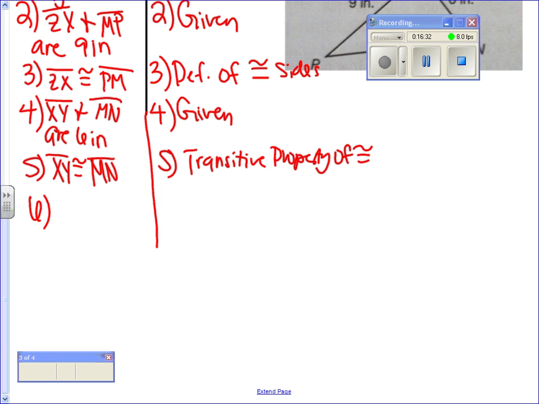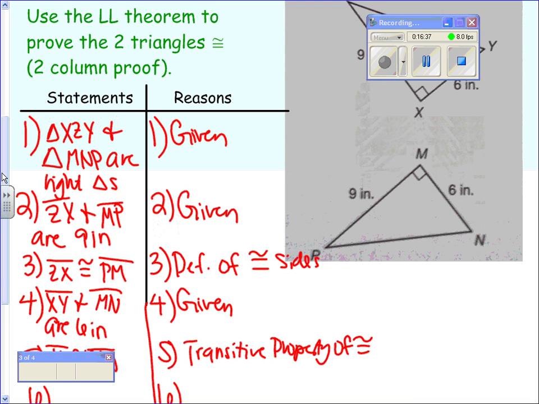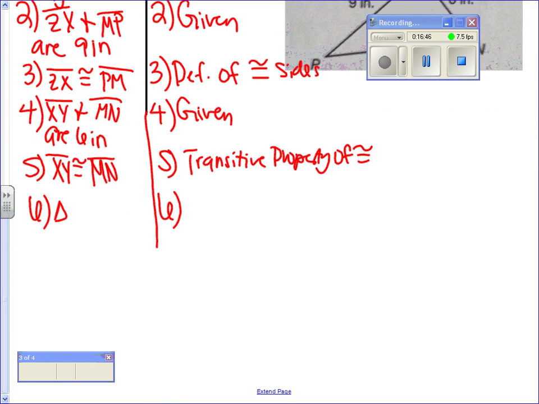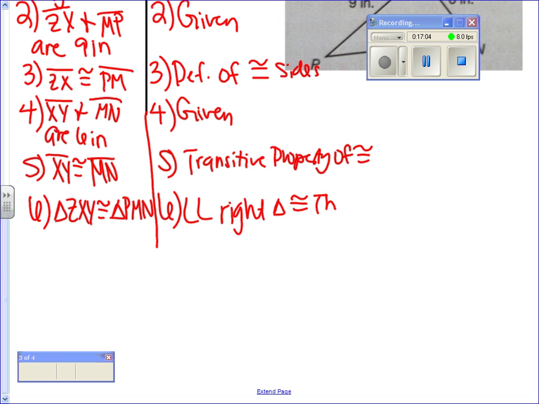What would be next? And what would be the reason? Does that make sense? Y'all see how that works? Any questions there?